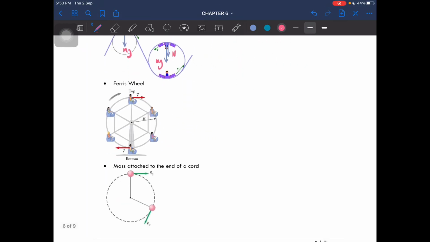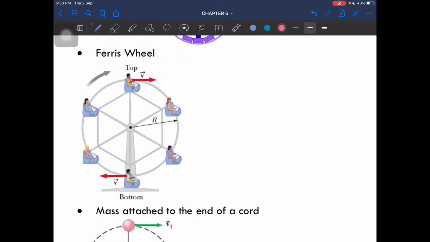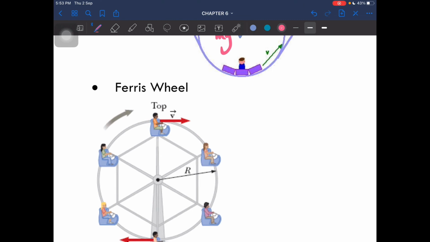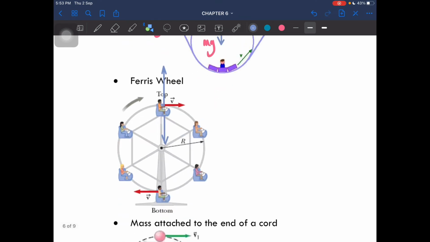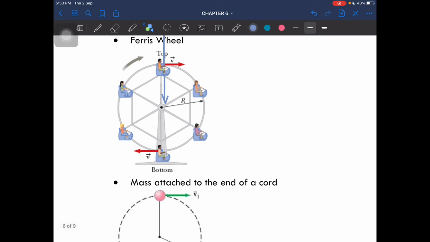Now we have the Ferris wheel. For the Ferris wheel, it is kind of the same actually, but let's draw it again. The Ferris wheel is also the same: it has a normal force here, and then it has weight. For the bottom, there is also a normal force and weight.